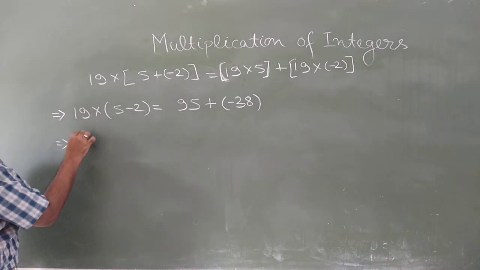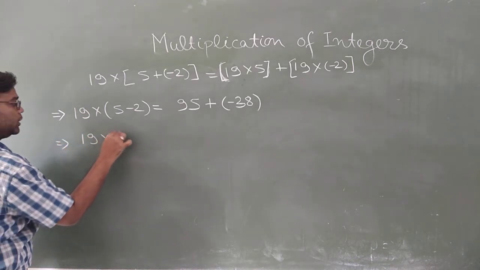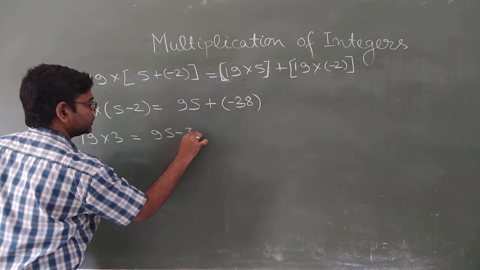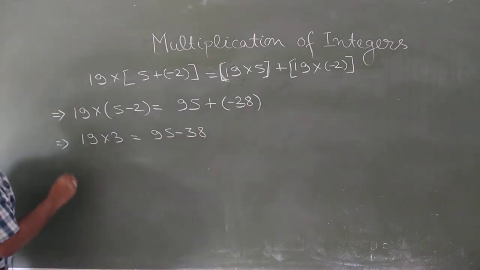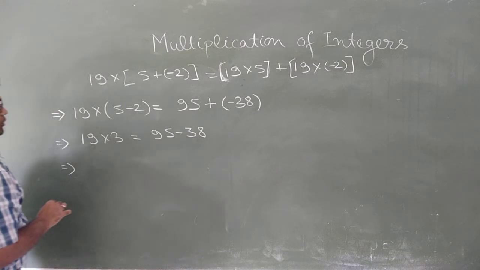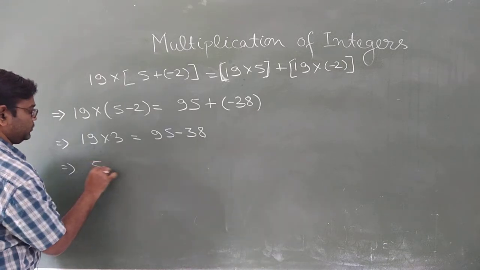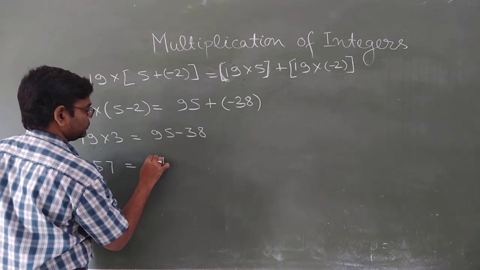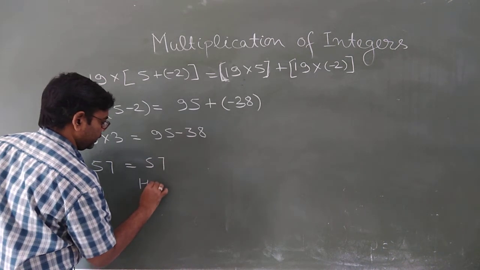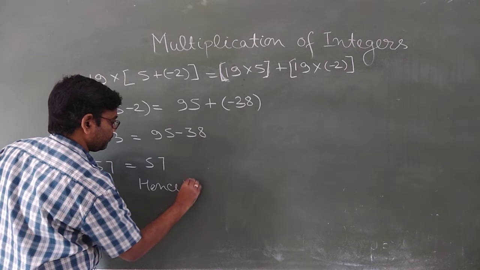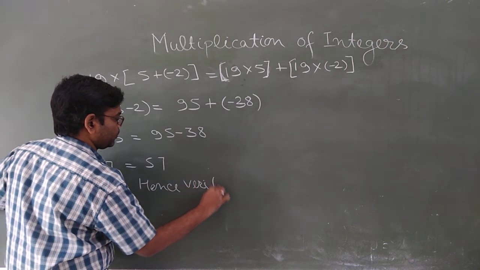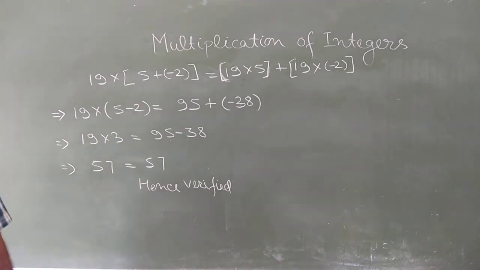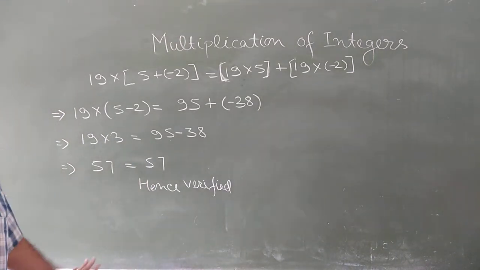Now what we have? 19 into 3 equals 95 minus 38. Hence verified, because both sides are equal. Hope this one is clear to you. Move to the next question.